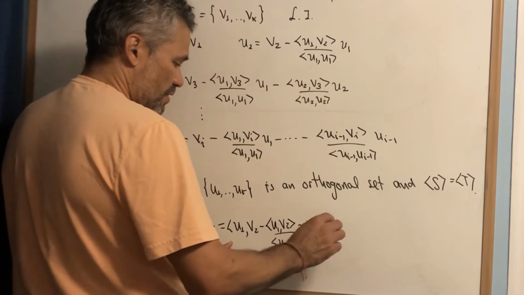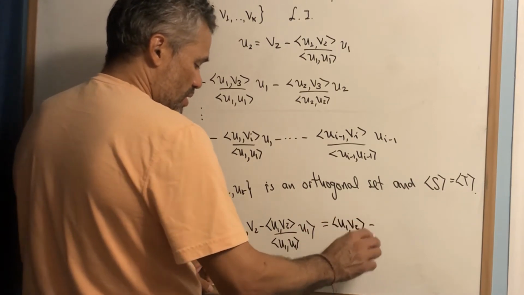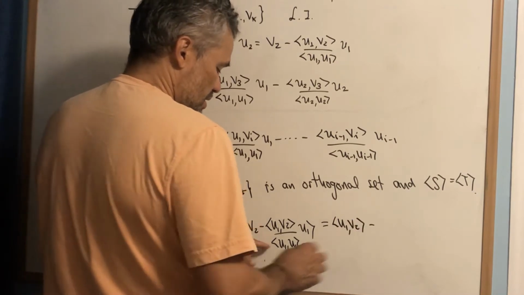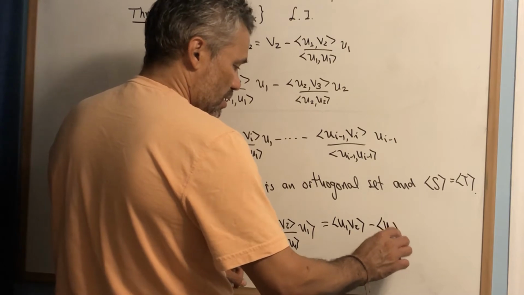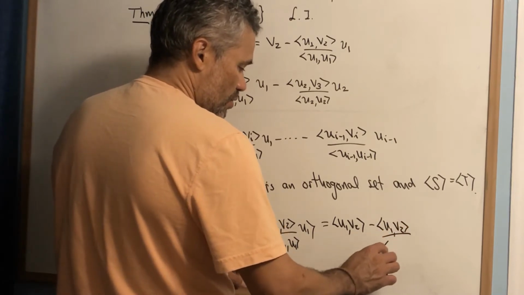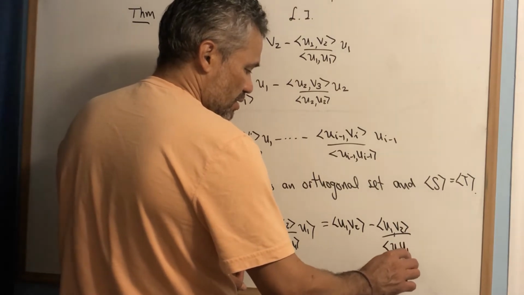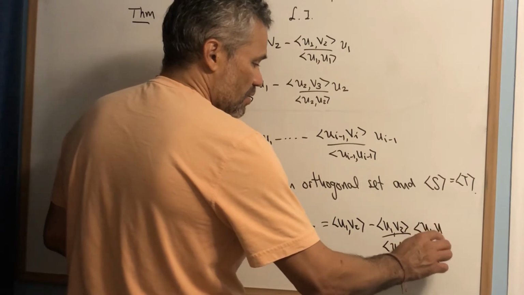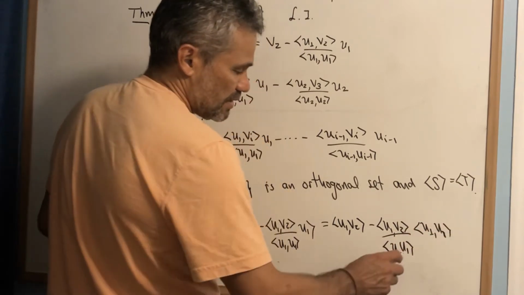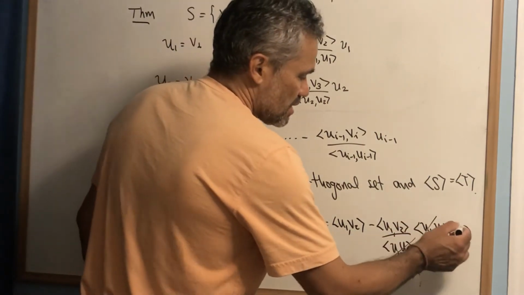Then here we have ⟨U1, B2⟩ minus this complex number, ⟨U1, B2⟩ over this complex number times ⟨U1, U1⟩, but these two cancel out, and we get 0.